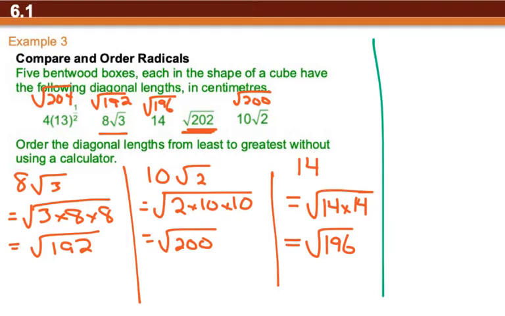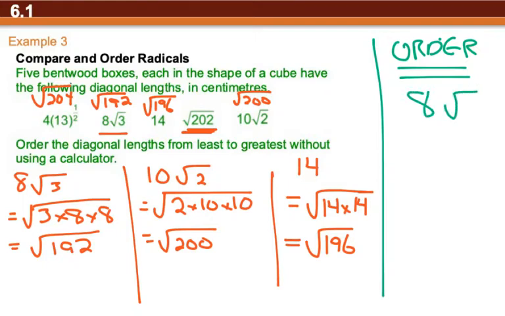So now we have a common frame of reference. We can order these. When you do that, it's customary to do that in the original format, even though we're going to use these entire radicals as a method to get there. Going from least to greatest, the least one would be the square root of 192, which was 8 root 3.